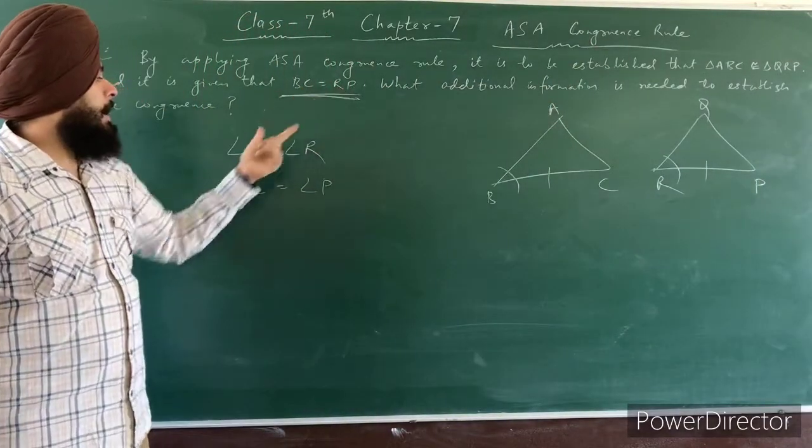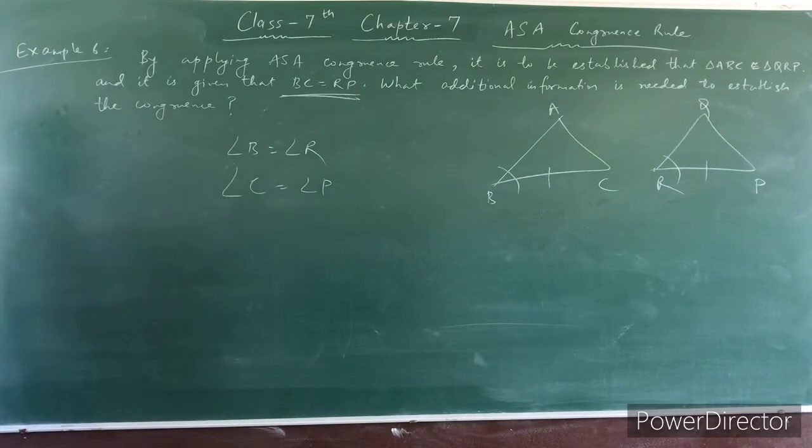So one is a side and two are angles. So this is example number 6.